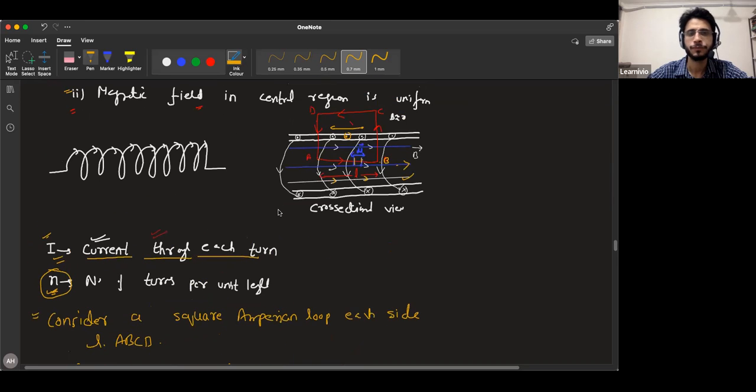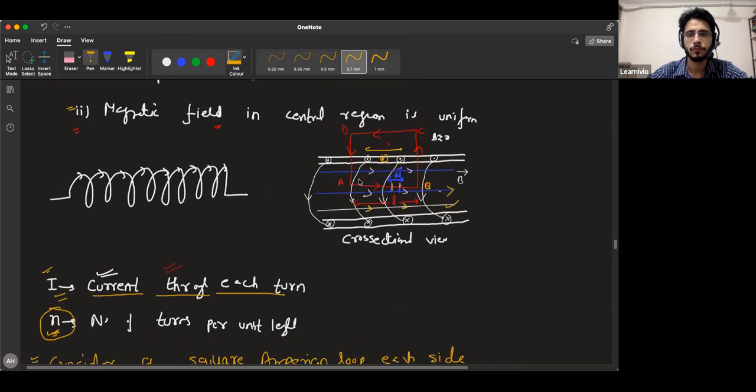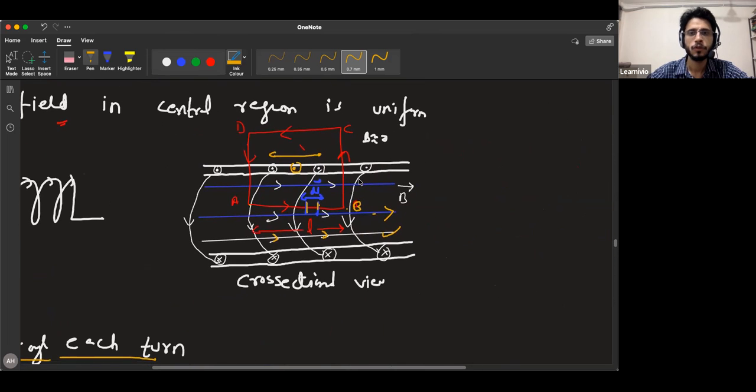Yes, Akshay. So, you are asking about I enclosed? See, the current through each turn is I, and this ABCD is your Amperian loop. Through this Amperian loop, 3 turns are passing. So current should be 3I. But it could be any number, right?